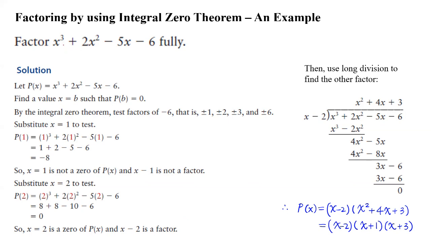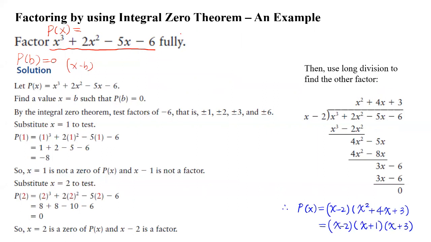Okay, let's see this example. Factor this polynomial fully. Basically we want to find a number. Suppose this is denoted as P(x), right? First we want to find a number b that can make this expression 0. Then x minus b would be a factor, right?